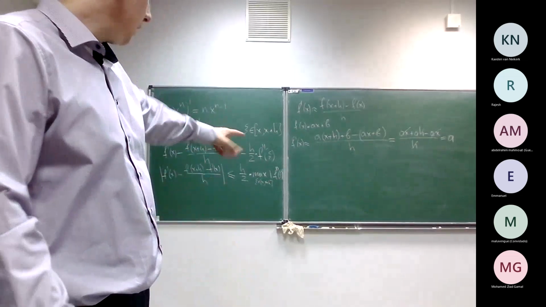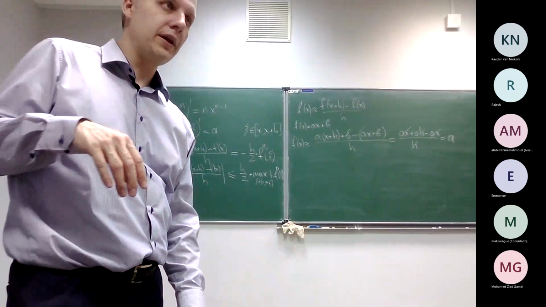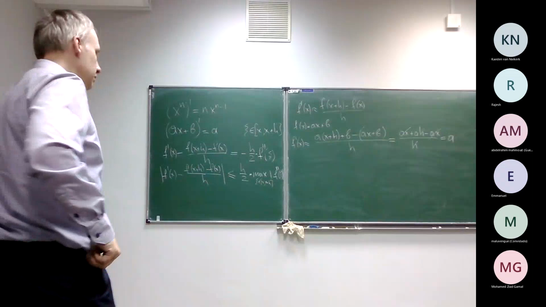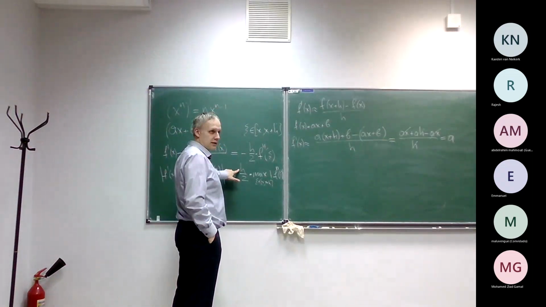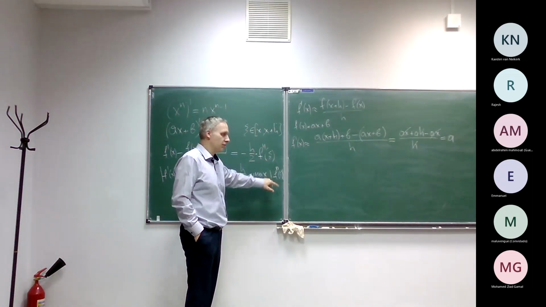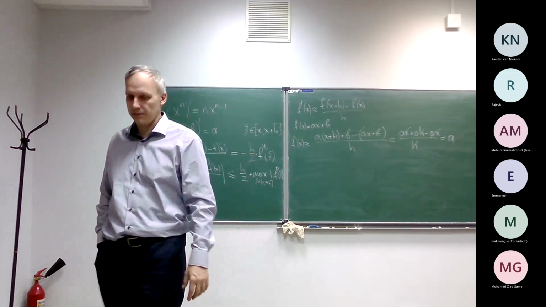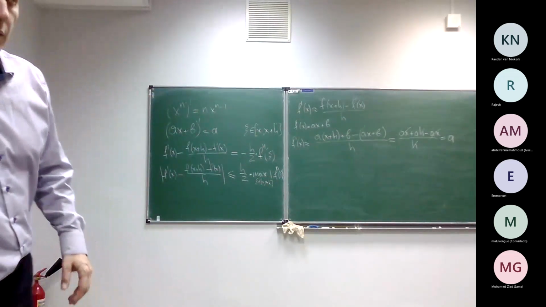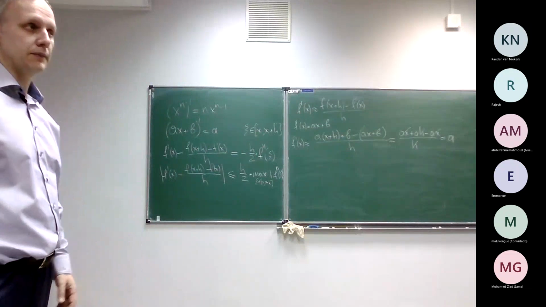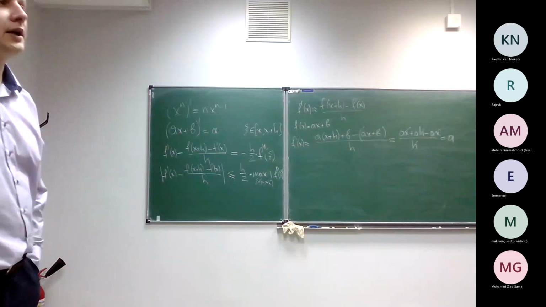So actually, the upper bound for the error here includes two terms. The first term depends on h. The second term depends on the second derivative of the function. We cannot change the second derivative, but we can change h.